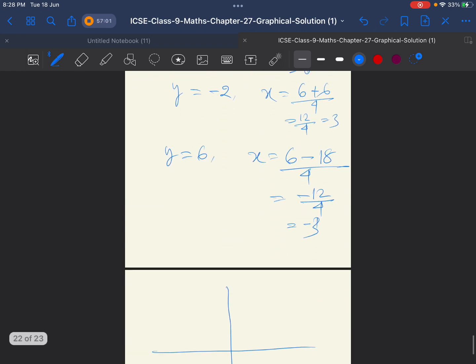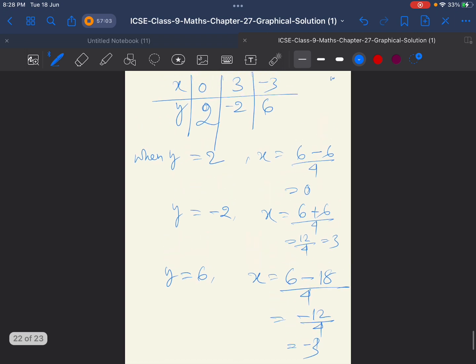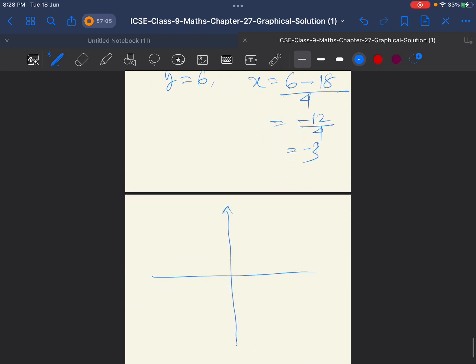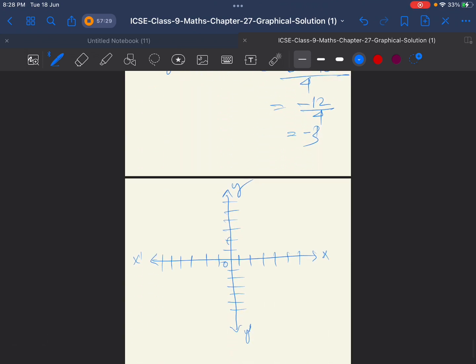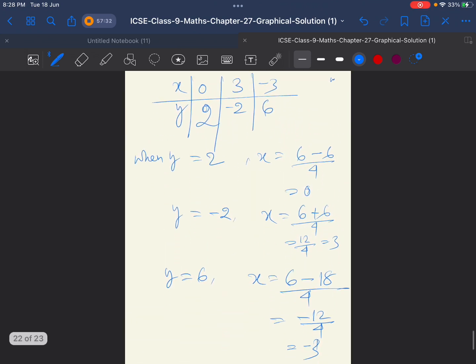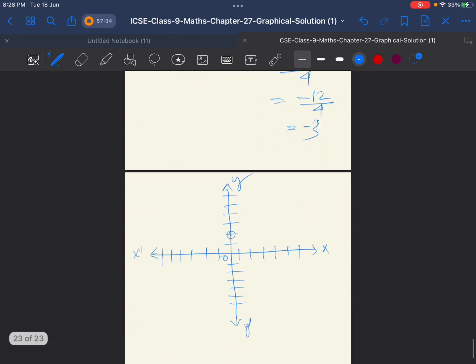Okay, now put these points in a graph. So plotting these points in a graph, y dash, y, x, o, x dash. Okay, 1 2 3 4 5 6 on each axis.